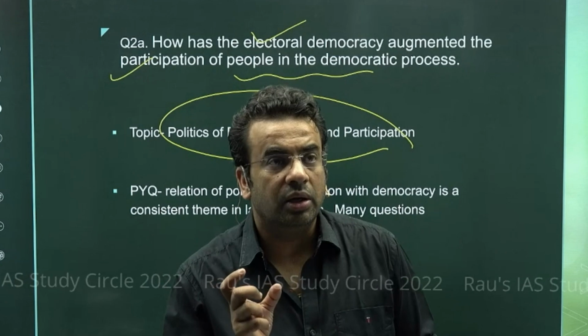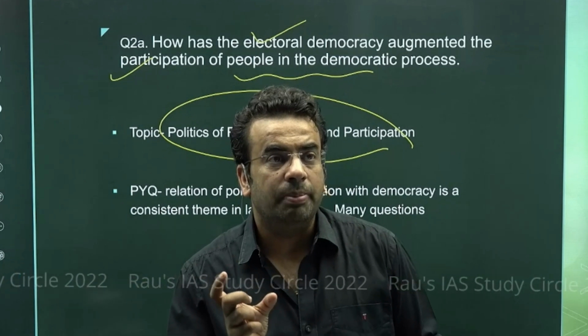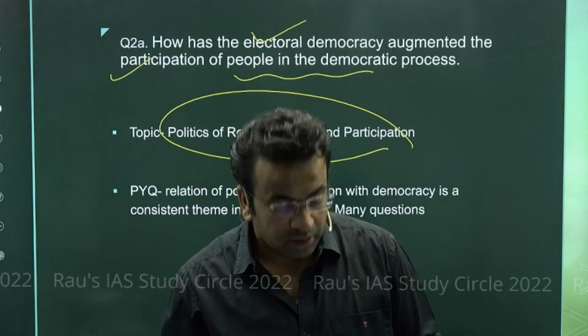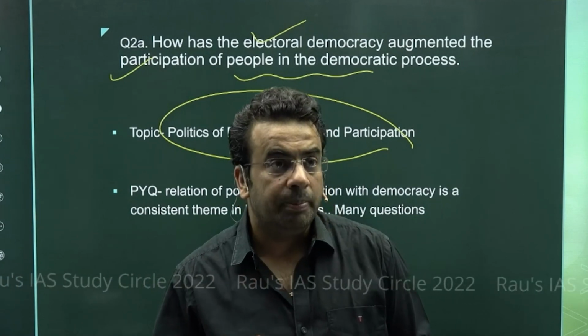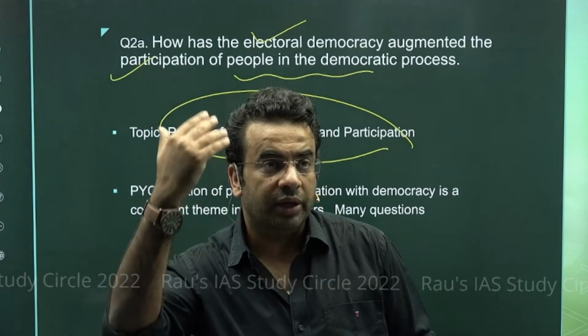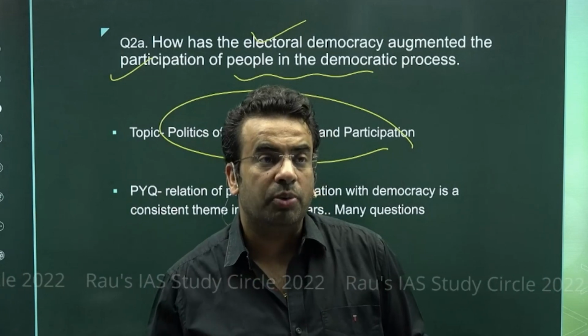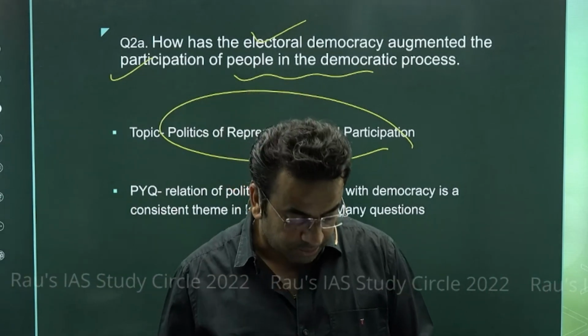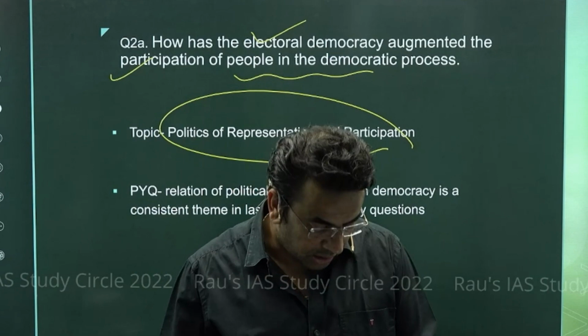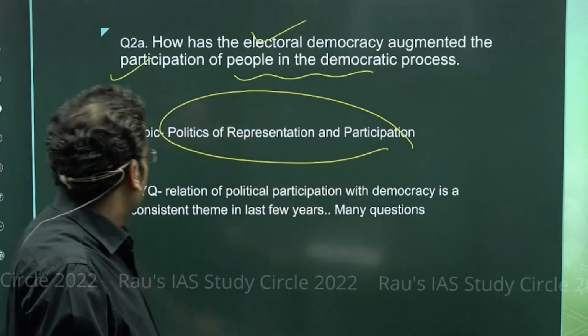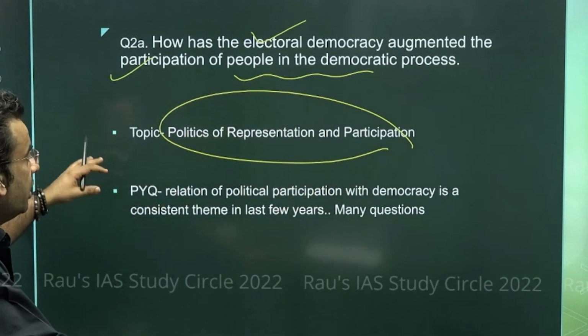How has the electoral democracy augmented the participation of people? Significance of political participation. Every scholar has emphasized the importance of political participation, from Aristotle to Hannah Arendt. Okay. So you can start your intro with this.